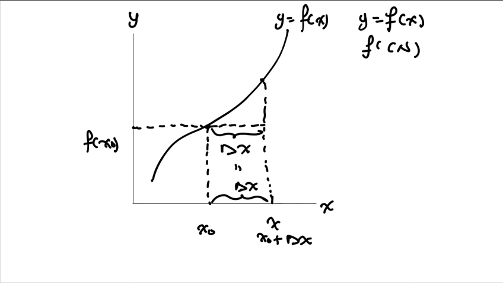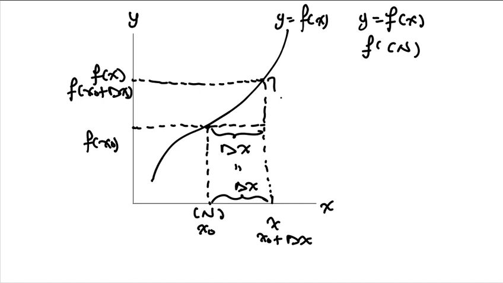So here, at this particular value of x, or x naught plus change in x, we have a particular value of y, which is f(x naught plus change in x), or we replace it by f(x) here. x naught here, we replace it by n. Do you get me? So here is actually change in y.